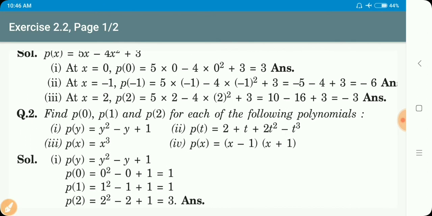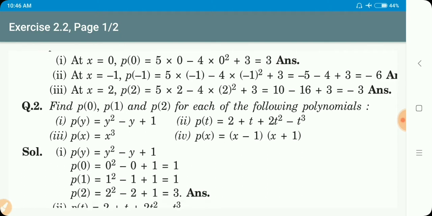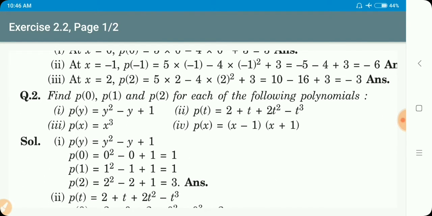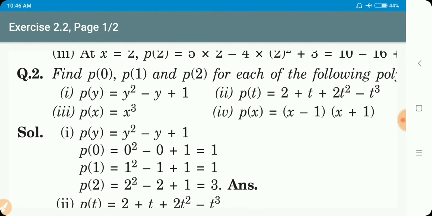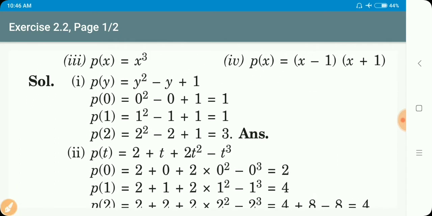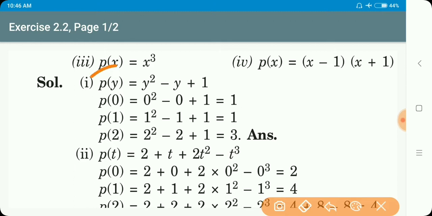Now for the next, p(0), p(1), p(2) for the polynomial: at the place of the variable we put 0, 1, 2 for each of the following. So we have to find out the value. When I put 0 at the place of y, you see the result.